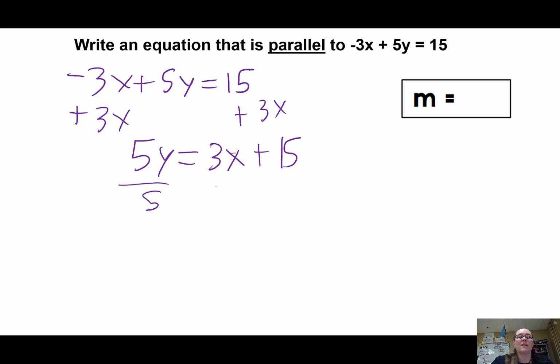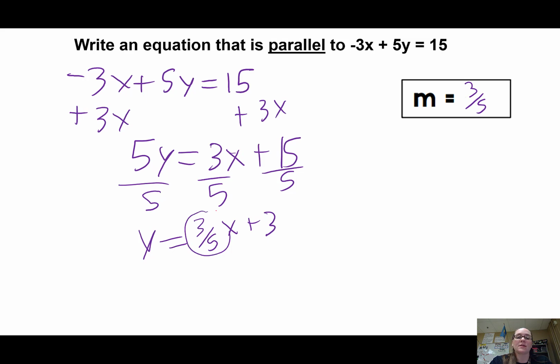Divide everything by 5. So we get y is equal to, 3 and 5 don't simplify, so 3/5 x plus 15 divided by 5 is 3. So what is the slope that we are using? 3/5. That's the slope we want to use.